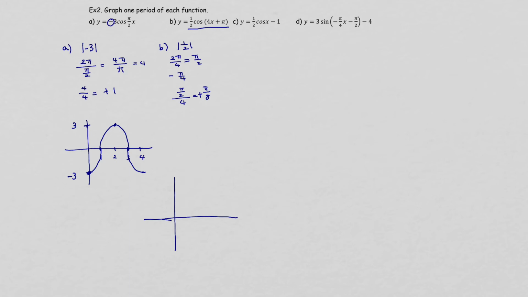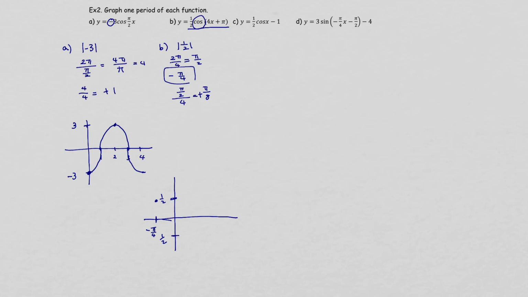We'll go up 1/2, go down 1/2. We have a horizontal shifting of negative pi over 4, so that's the point where we're going to start it right here. This is going to be cosine positive, so start from up there. So that will be the first point.